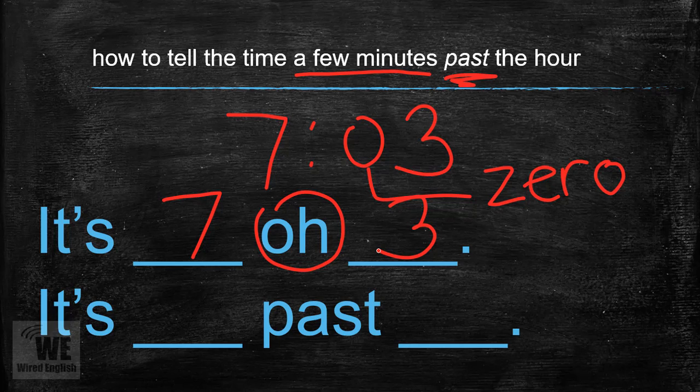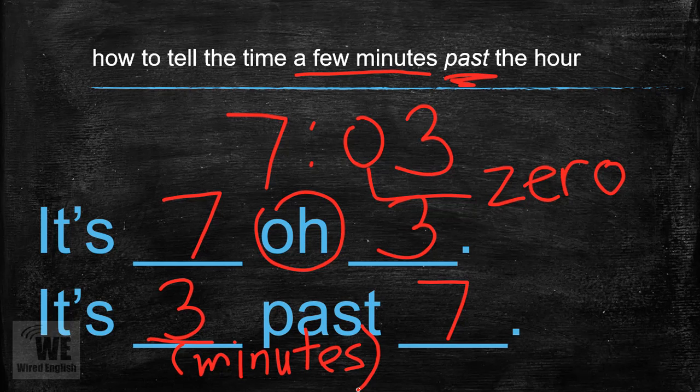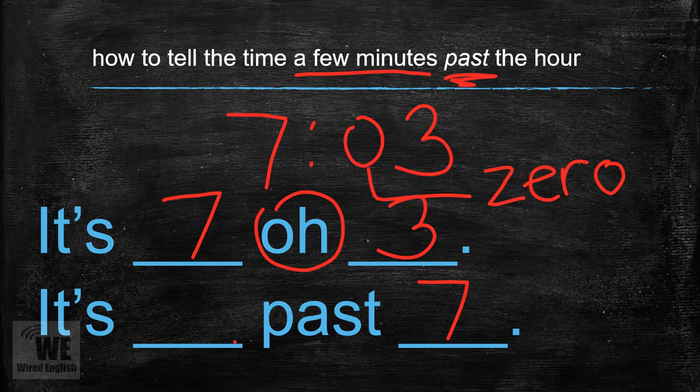But the other way to say it is that it is 3 past 7. And this 3, we don't have to say it's 3 minutes past 7. You could if you want, but it's not necessary. It's implied. It's 3 past 7.